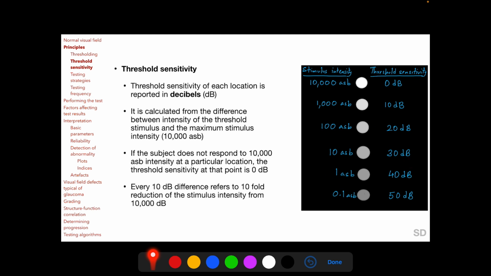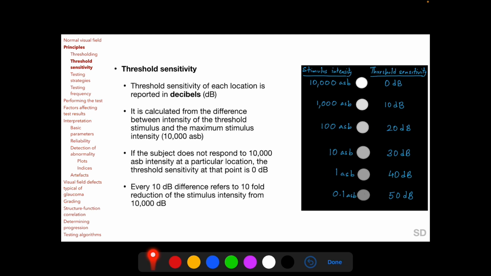If the testing location can perceive a stimulus of intensity 1 apostilb or brighter, the threshold sensitivity at that location is reported as 40 decibels. And if the testing location can perceive the darkest stimulus projected by the machine, 0.1 apostilb, the threshold sensitivity reported at that location is 50 decibels.